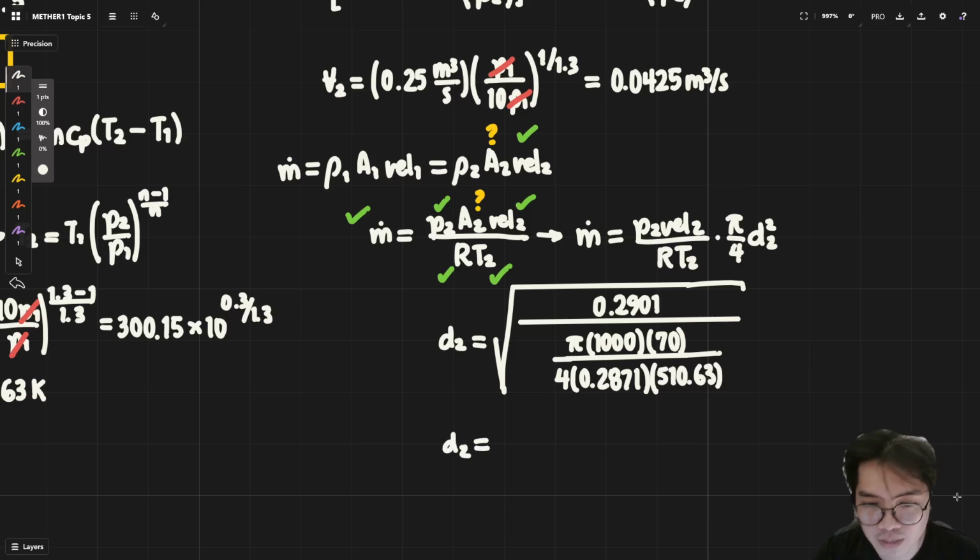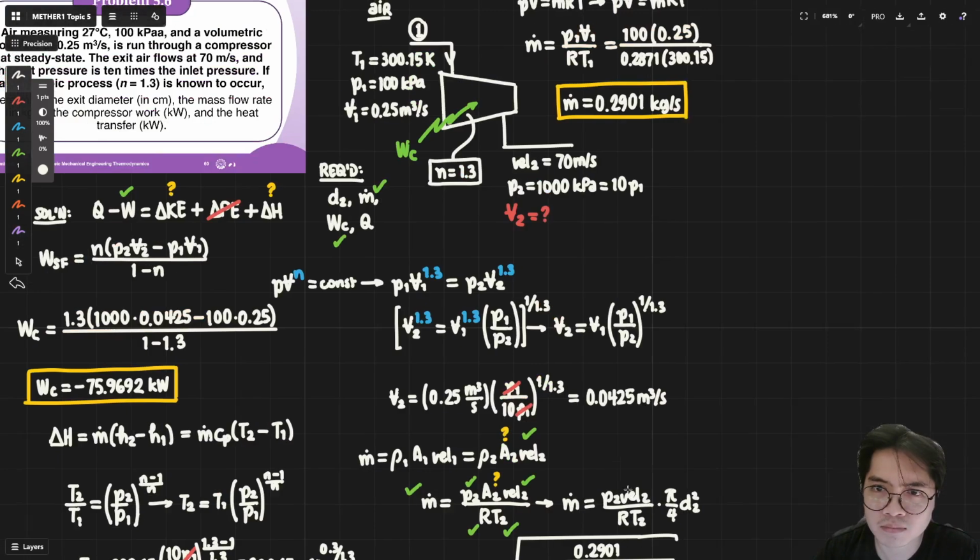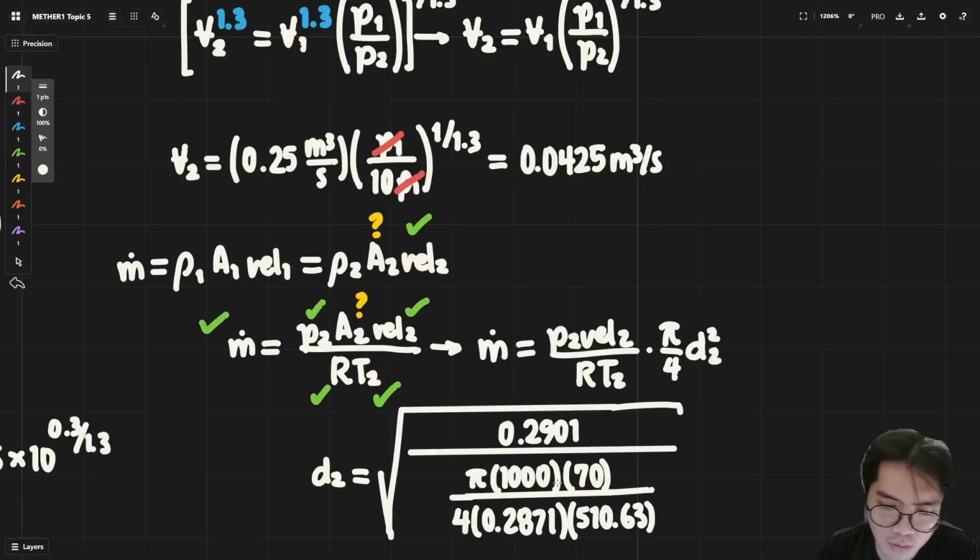So we can put all of this in our calculator. What is our D2? 0.2901. Is that right? Yes, it is. All over pi times 1000 times 70 all over 4 times 0.2871 times 510.63.